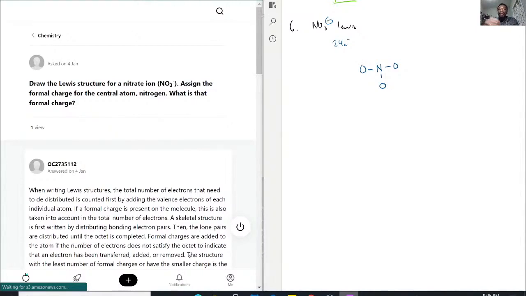So let's just go ahead and now fill in the octets for everything here, or at least attempt to, because right now each oxygen is sharing one of its 6. So 2, 3, 4, 5, 6, for each oxygen.